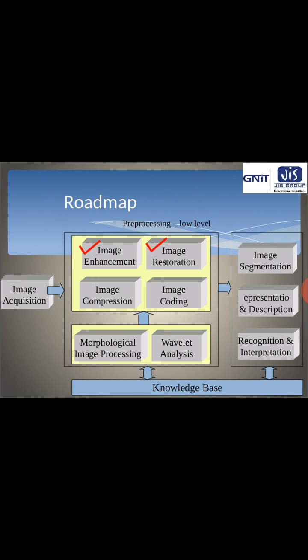Now, where may color image processing be done? Here is the block diagram of the different steps of image processing, which starts with image acquisition. Color image processing is basically used in image enhancement or image restoration. That means if we want to enhance the quality of the image, that can be done by image enhancement, and in this, color image processing may be used.